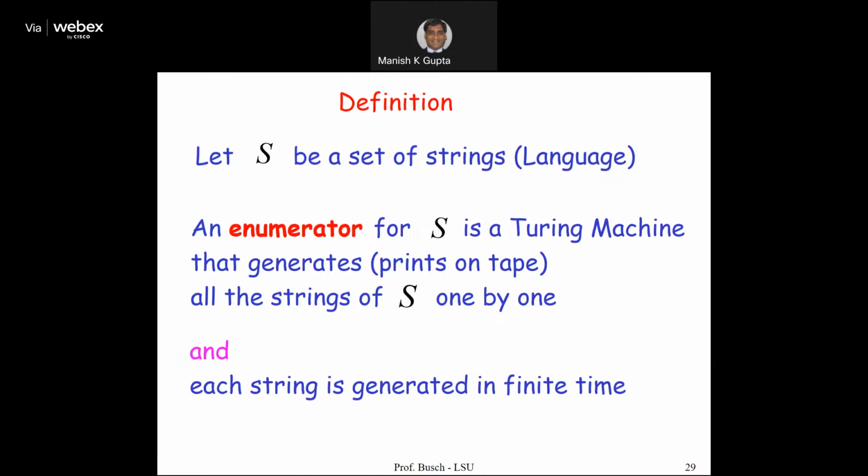Then length 1, suppose the alphabet is 0, 1: the strings are 0 and 1. Length 2: 00, 01, 10, 11. Similarly, with length you can develop an enumeration procedure for counting the language.